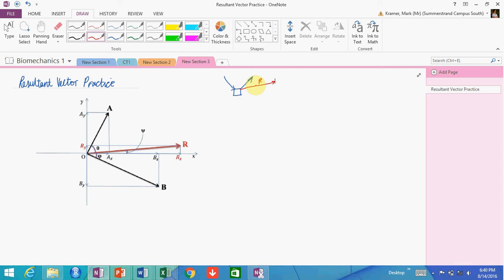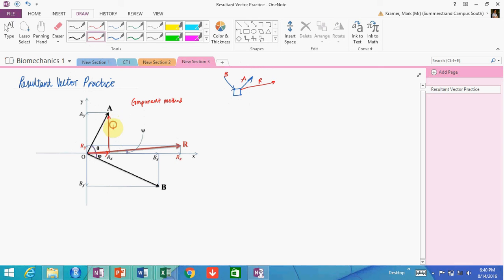In order to find out what this resultant is, we tend to use what's called the component method, and we've gone through this in class, where we deconstruct any given force into its x and y components. So you see here, this would be force, let's call this force A, and this is force B. We deconstruct these forces by plotting them on a Cartesian plane, and then we decompose each into its x and its y components, right?